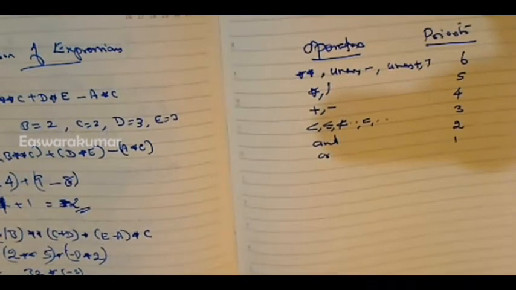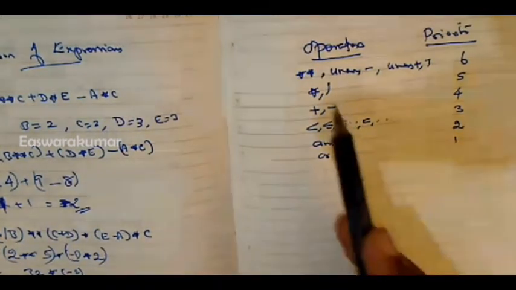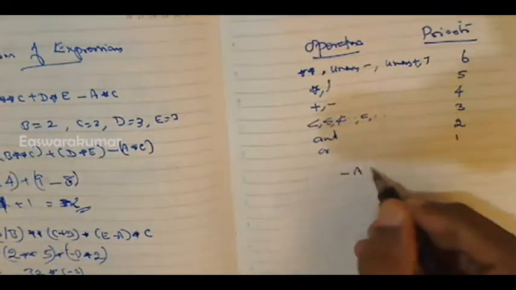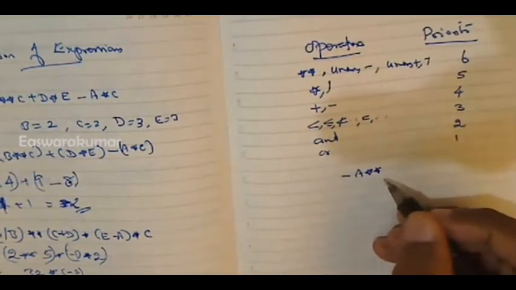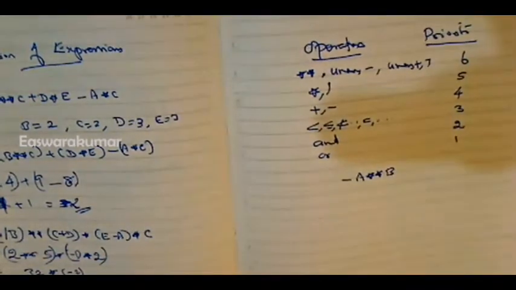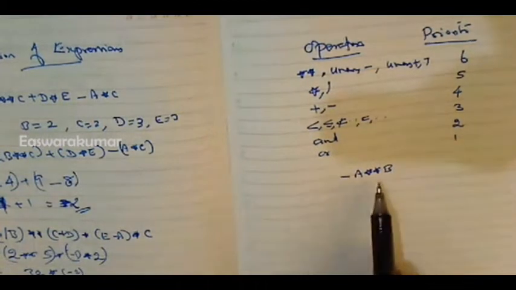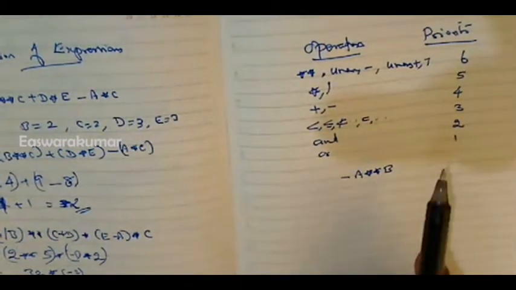As a first part, we assume the expression has two operators of the same priority. For example, we take the topmost one. If you have something like minus A star star B, this is a unary minus, this is an exponent. So both have priority 6.